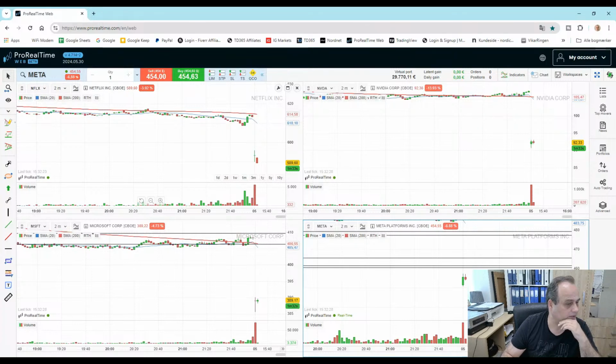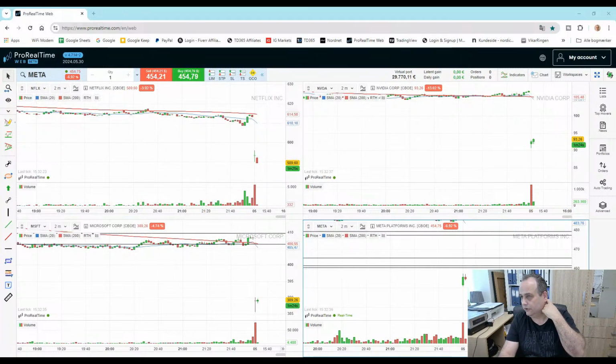Looks like Meta is building on a 3-bar play. It's interesting to see that right now the Dow Jones is actually sinking, falling, while the Nasdaq is trying to go upwards a little bit here.